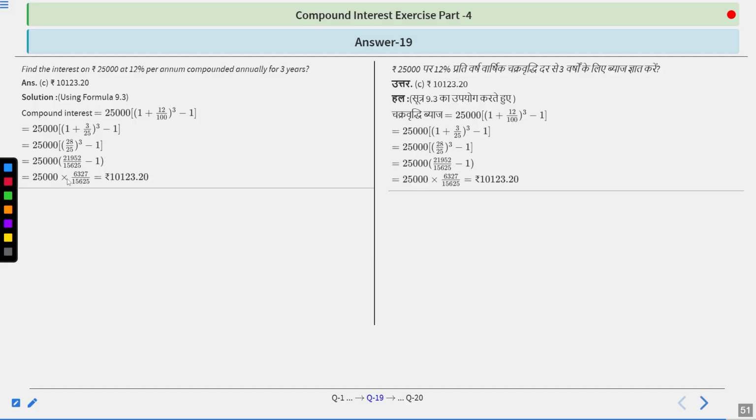Therefore 25,000 into 6,327 upon 15,625, because in the previous step we take the LCM and then subtract 15,625 from 21,952. We get 6,327. On multiplication we get rupees 10,123.20 as the answer. So option C is the correct one.